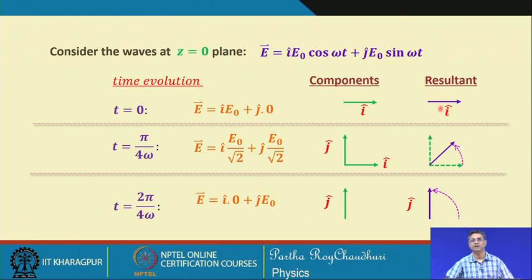This means that we started at time t equal to 0 when the electric field was entirely along the x direction, then it rotated through an angle of 45 degree, and at this time it has rotated to an angle of 90 degree. So, if you continue with time, the tip of the electric field vector is rotating anticlockwise as it is advancing along the z direction.